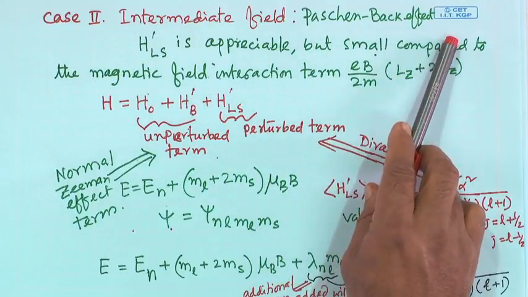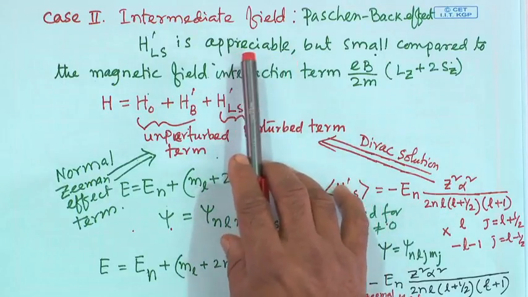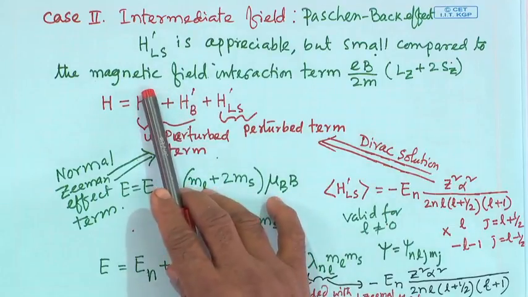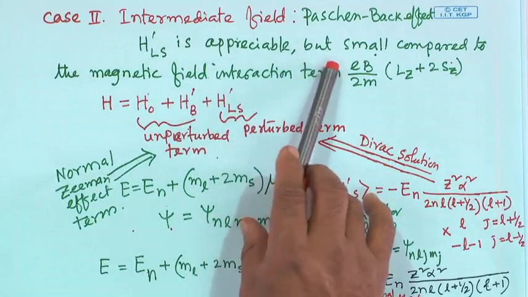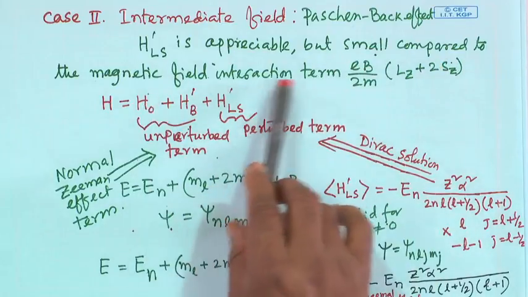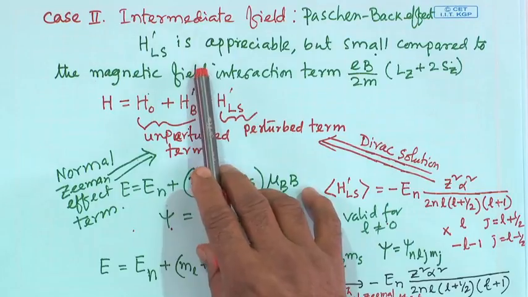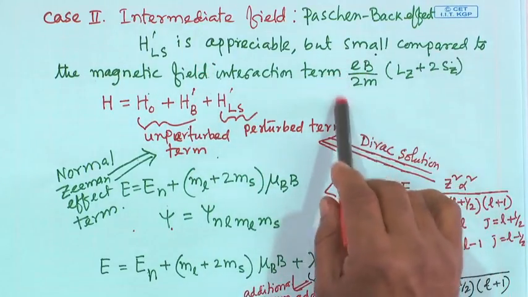In this case, the magnetic field is intermediate and H_LS dash is appreciable, but still small compared to the magnetic interaction term. That means the LS coupling term I cannot neglect, but it is small compared to the magnetic interaction term.